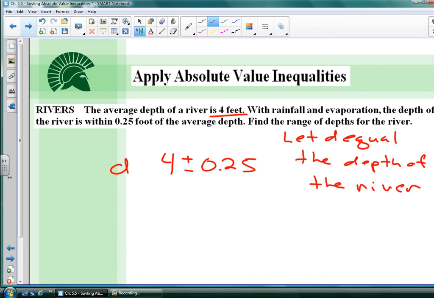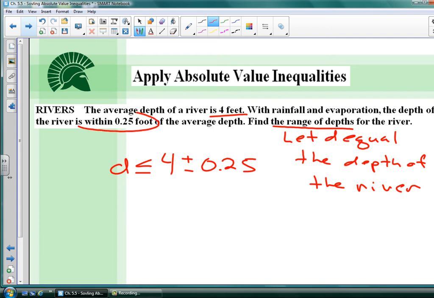And so, since we're talking about the range of depths, we're not going to use the equal sign for the max and the min. We're going to use the range of numbers. And so the range of numbers for this has to fall below, less than or equal to, 4 feet plus or minus this. Okay? That's what we're really talking about. Because remember, it's within.